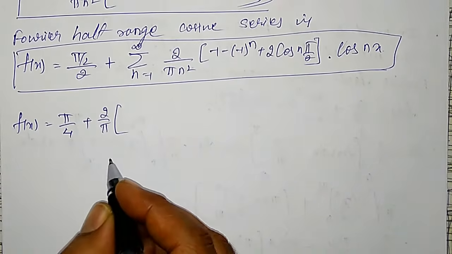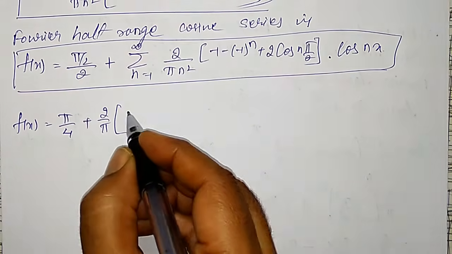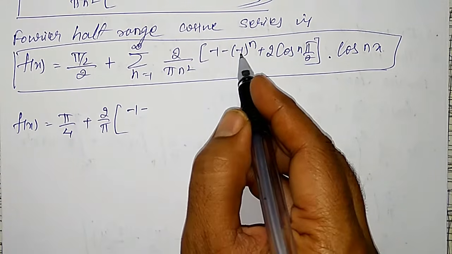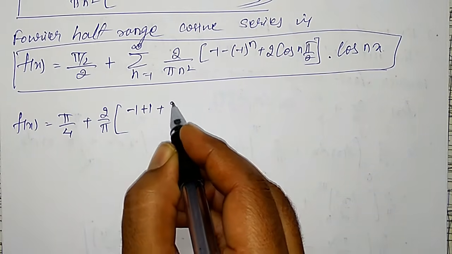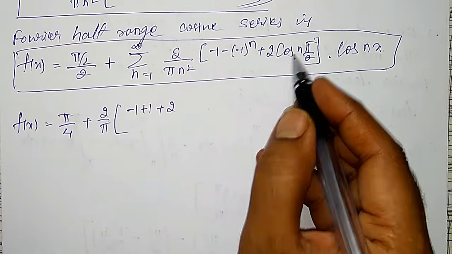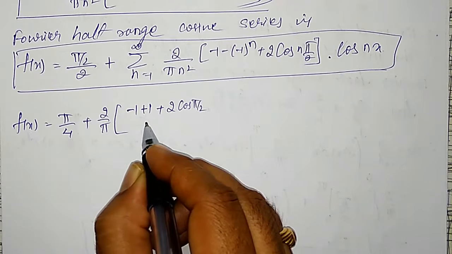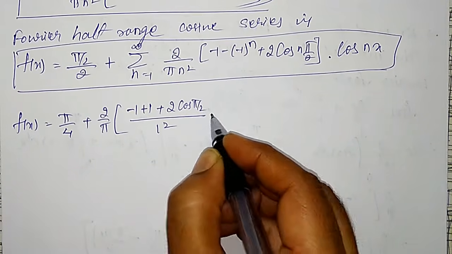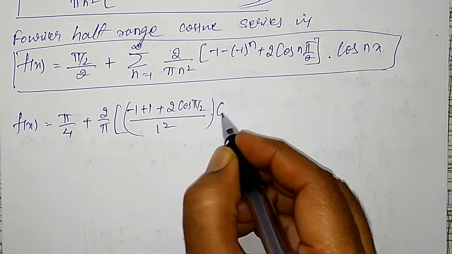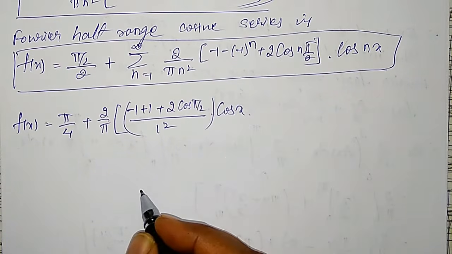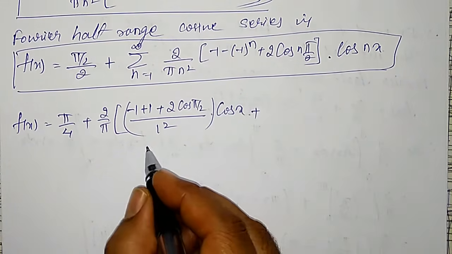Now for n equal to 1, minus 1 minus 1 raised to 1 will become minus 1, minus of minus becomes plus 1, plus 2 times cos of pi by 2, divided by 1 square, into cos x. This is for n equal to 1.